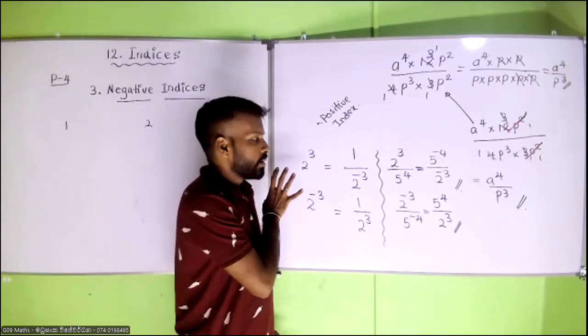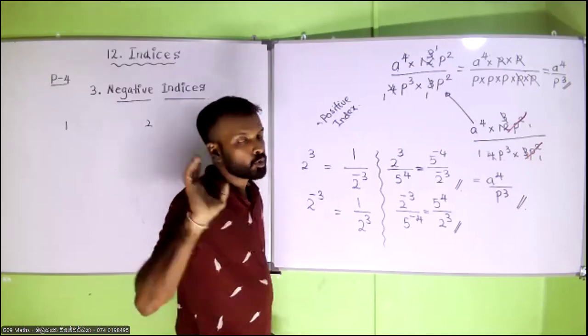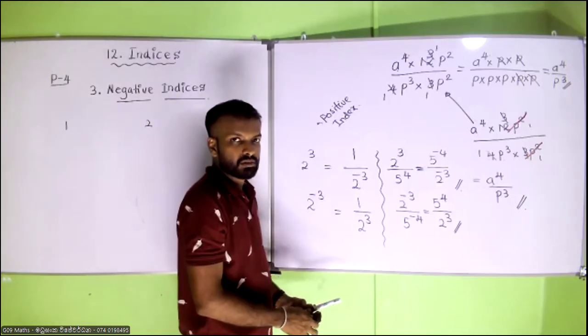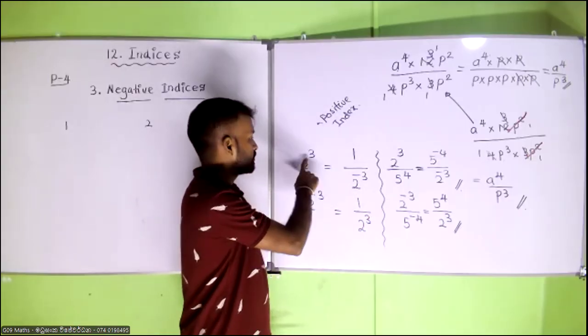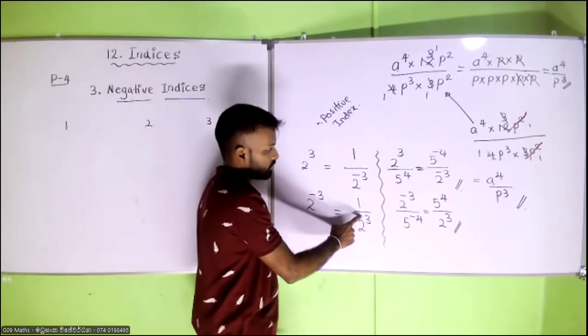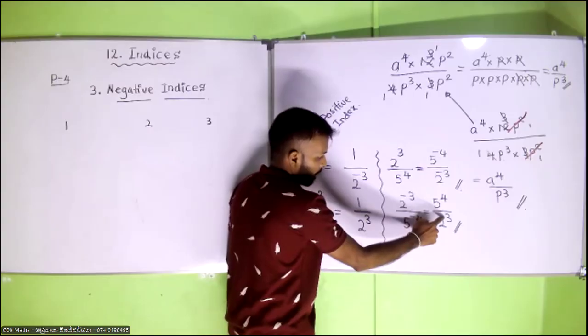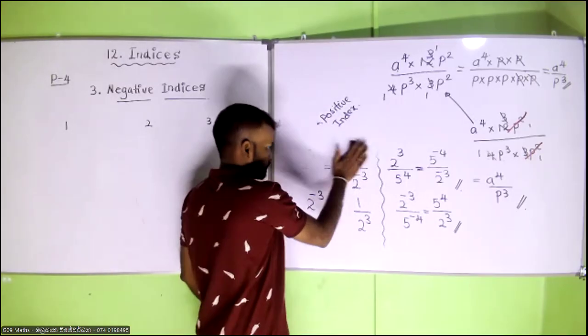This is a practical example so that you can understand this. Now I am going to give you the theory. So I hope you can understand. Reciprocal, change the sign. I hope you got this.